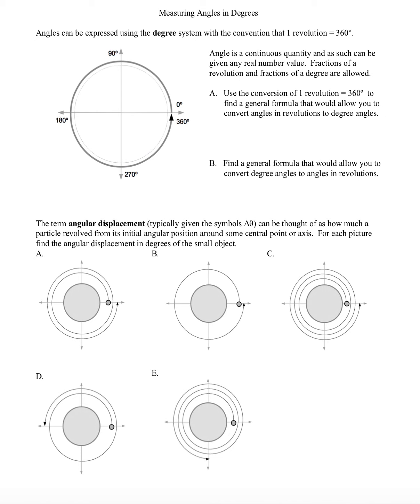Let's find a conversion for converting revolutions to degrees. So one way to write this would be, we want to find an angle in degrees. And we start with an angle in revolutions. So the question is, how do we convert from one to the other?